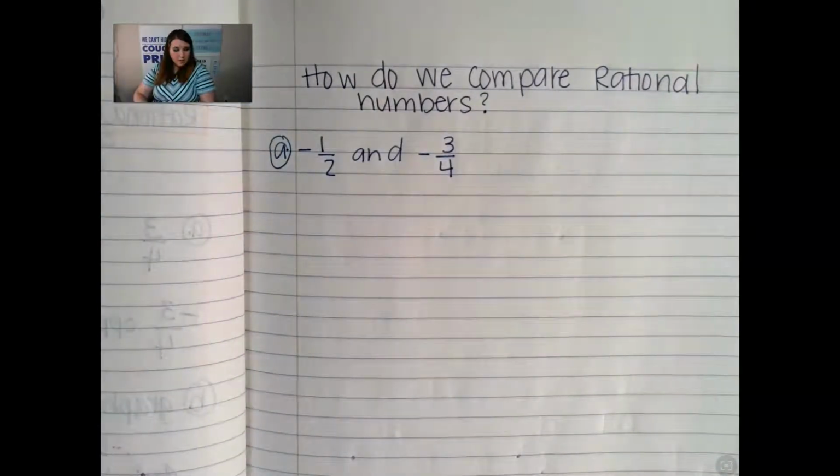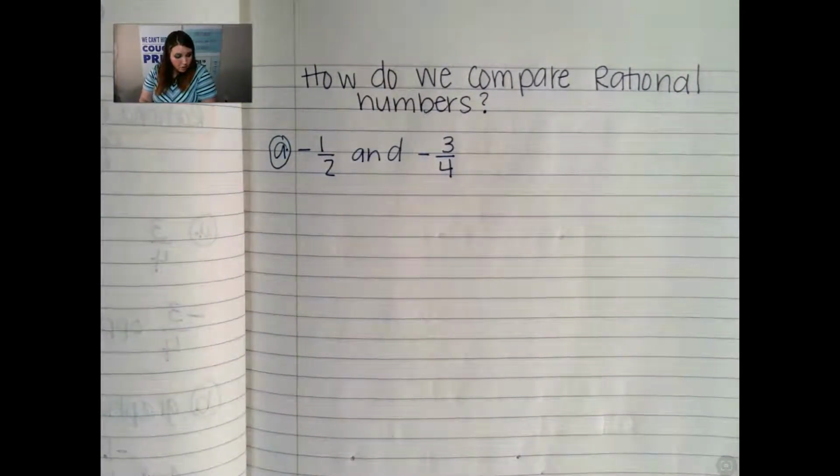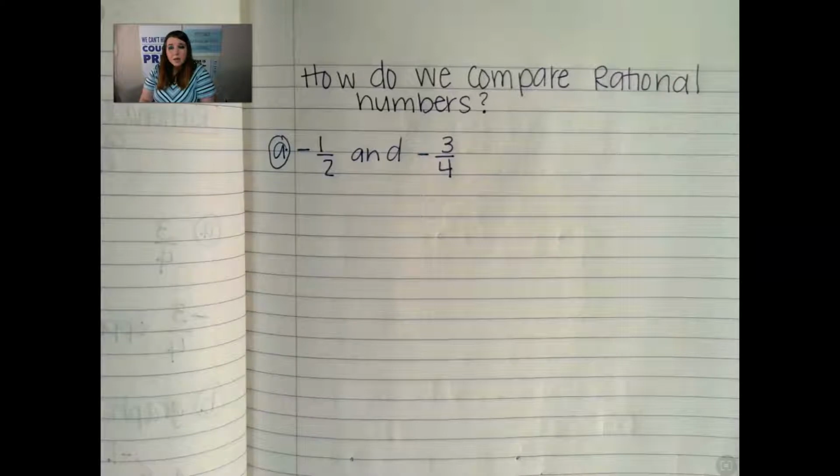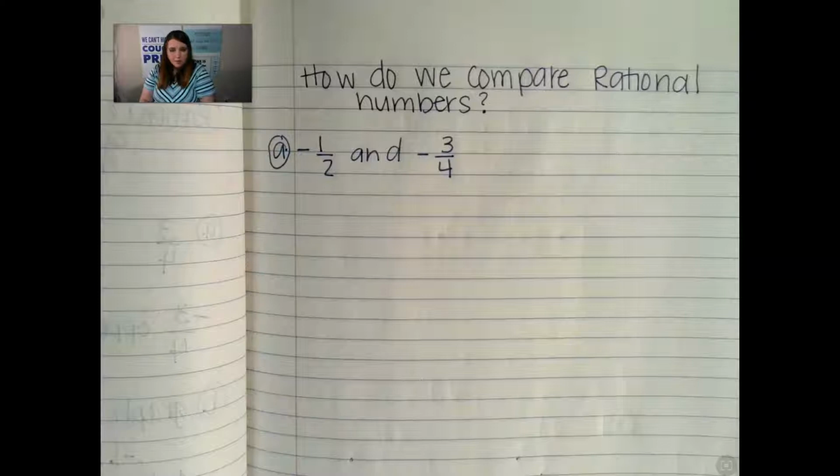Okay, so that's what we're going to compare. We're comparing both of those. So when we're looking at this, we need to think about denominators, and whether our denominators are equivalent or in the same family, so that we can compare them correctly.